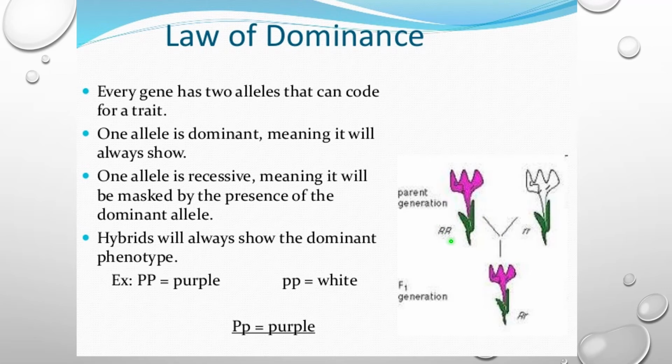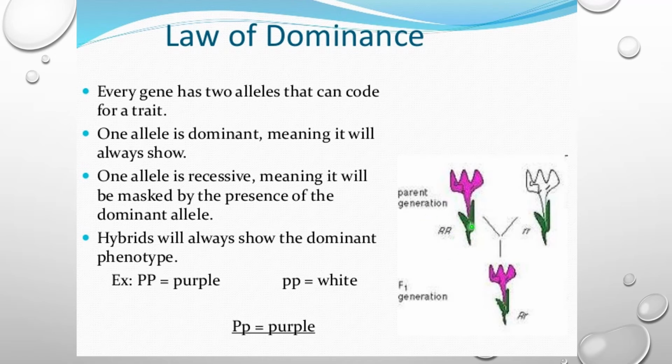Each of these characters has two alleles, one capital R, one small r. They code for a single trait or character. Now, one allele is dominant, meaning it will always show. One allele is recessive, meaning it will be masked by the presence of the dominant allele.